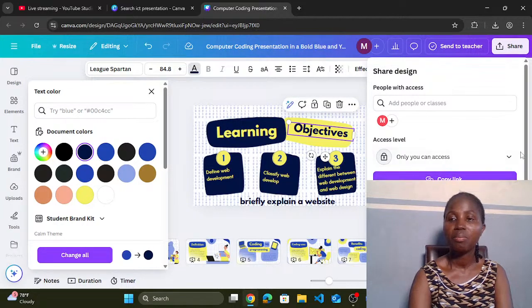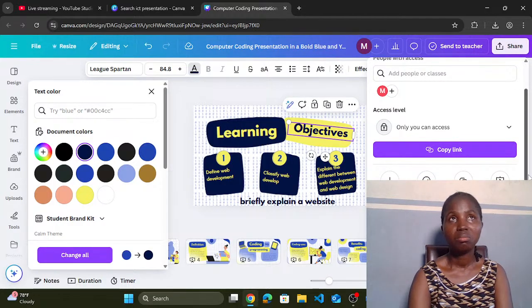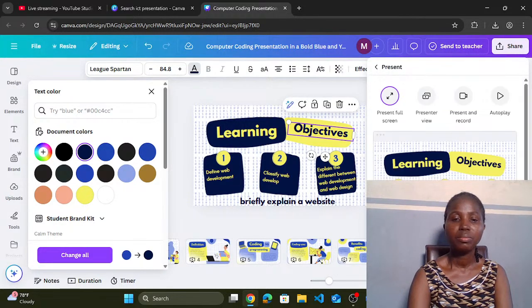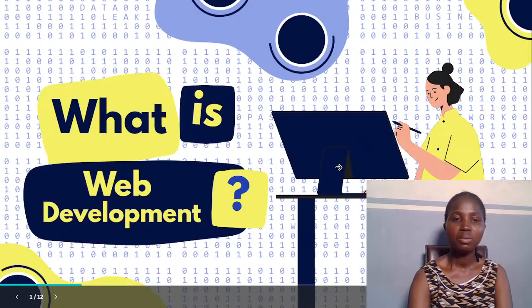So I'll come here. If I'm a teacher now or anybody, I just want to show what I have. I want to present it to people. You go to present, and from this present, you say present. Okay, so let me start from the first one.